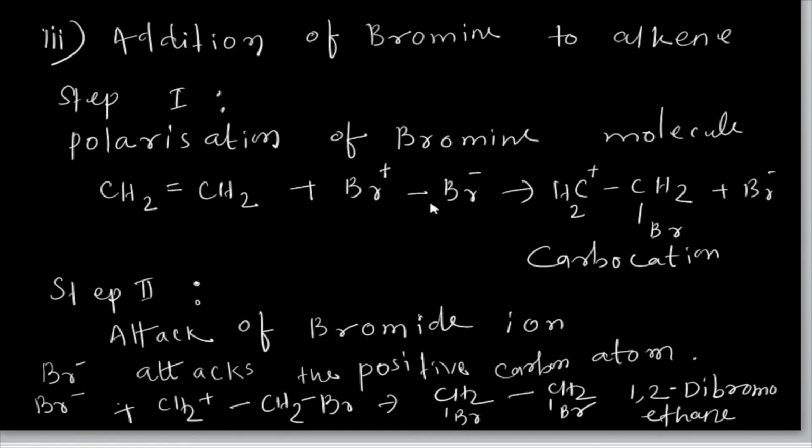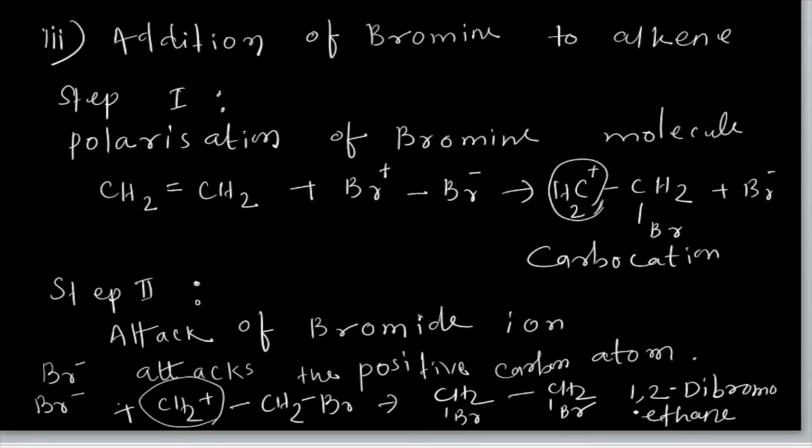Here the CH2 acquires a positive charge, and one Br will come to this side, and this acts as a carbocation, but it is a primary carbocation, no problem at all. This is the carbocation. Now in step 2, attack of bromide ion, because bromide is the negative charge, so it will attack here. That means the CH2+ is attacked by the bromide ion and changes to CH2Br.